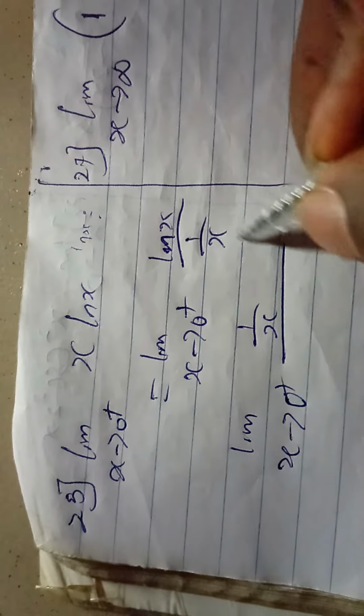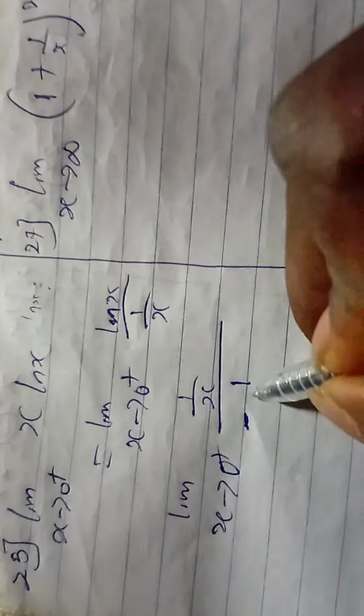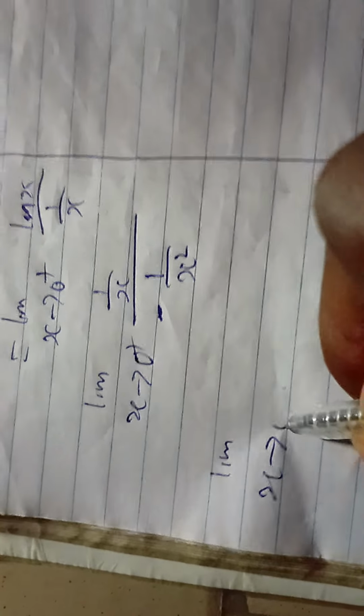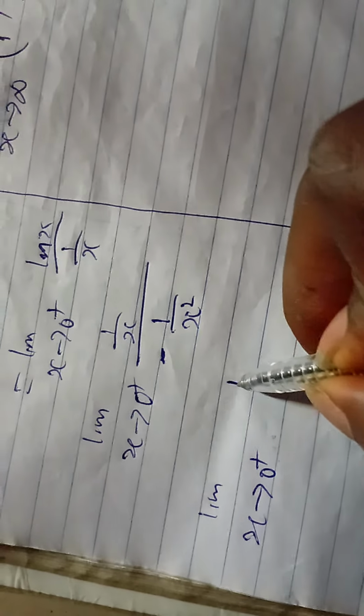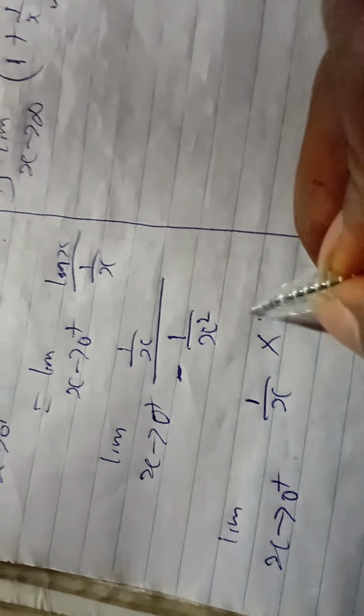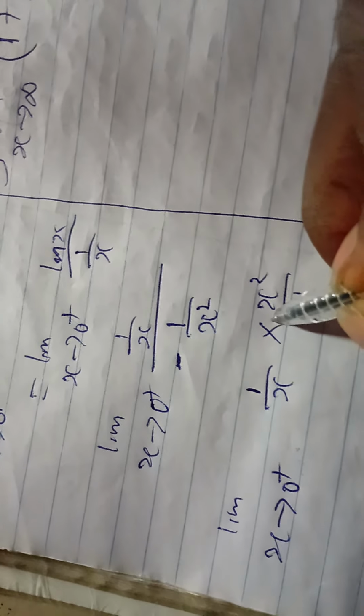If you differentiate 1 over x, using the quotient rule, v du over dx minus u dv over dx, over v squared, you get minus 1 over x squared. Are we together? So this gives us the limit as x tends to 0 plus of 1 over x divided by minus 1 over x squared, that's multiplied by x squared over 1. Don't forget this minus.